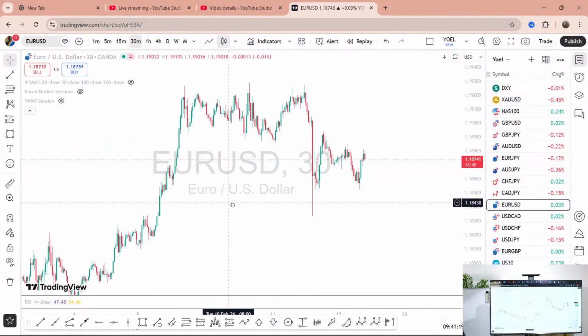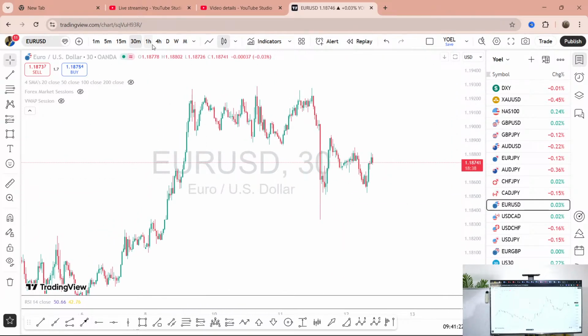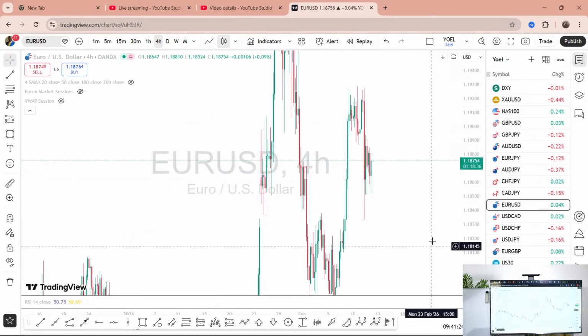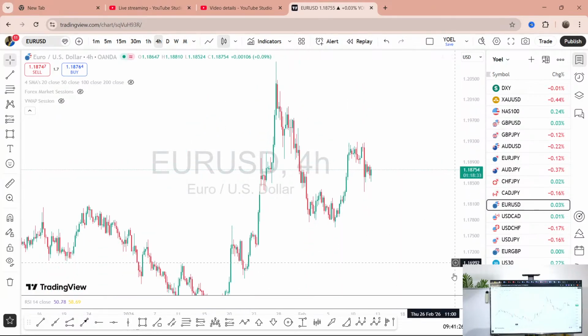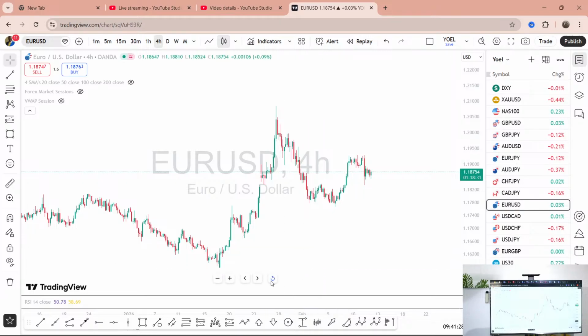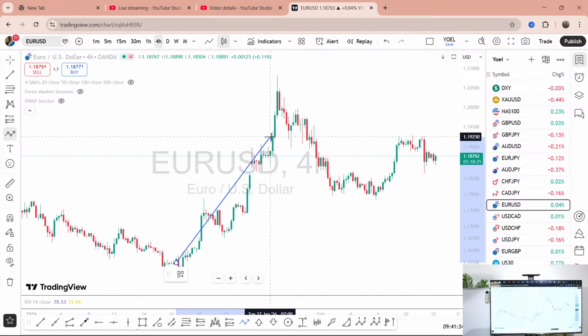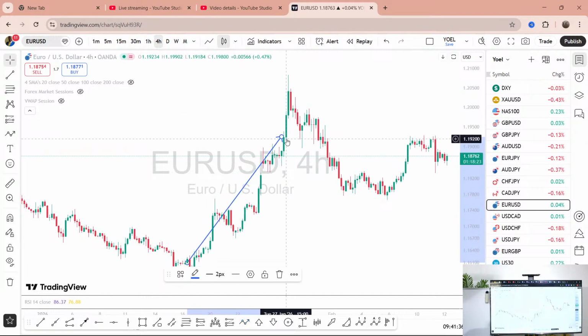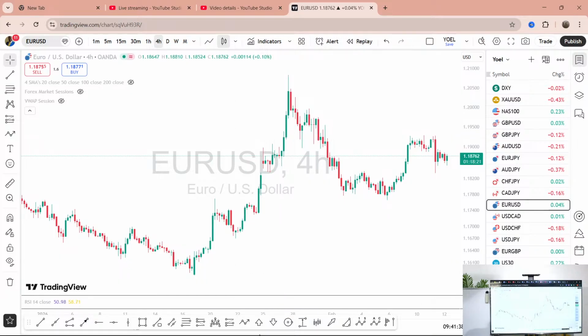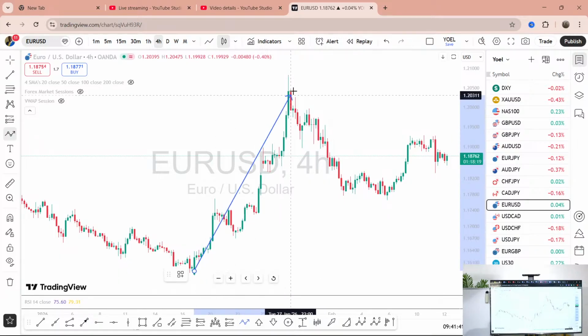Okay? What has been going on? If you look at Euro USD, you can see a ride from here to here, and then a swing low, and then it's getting here, and right now price is here.